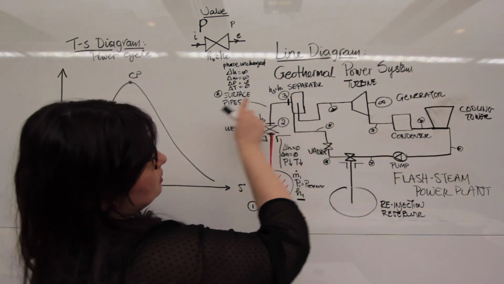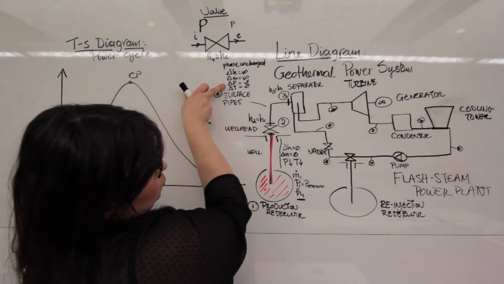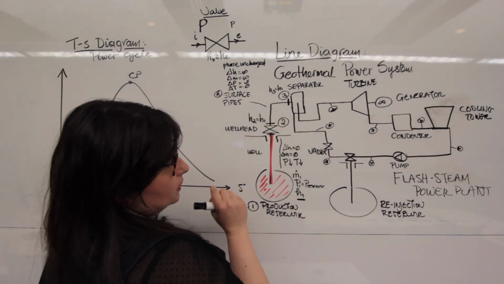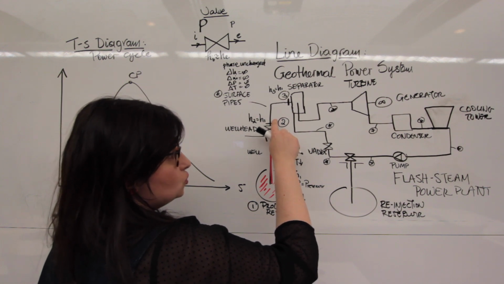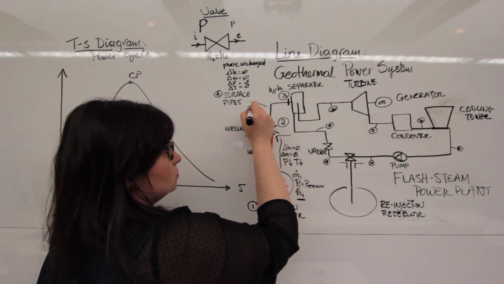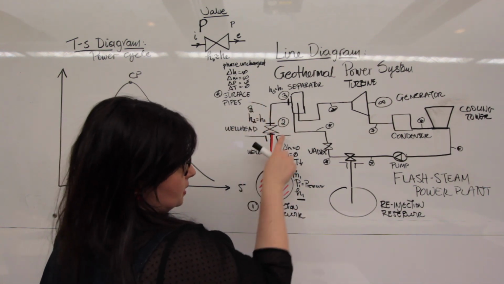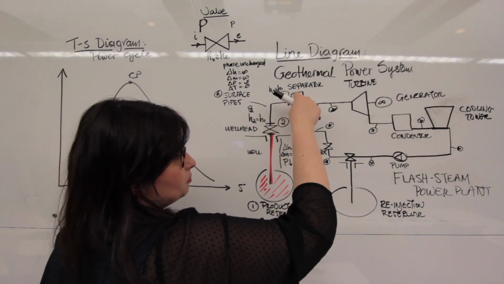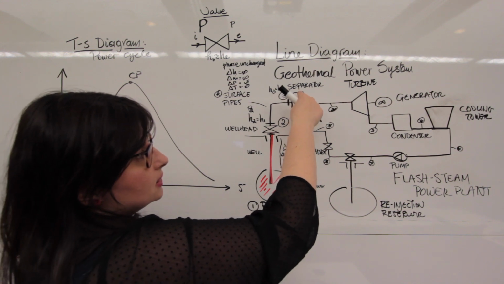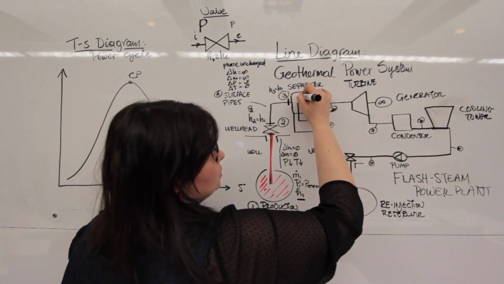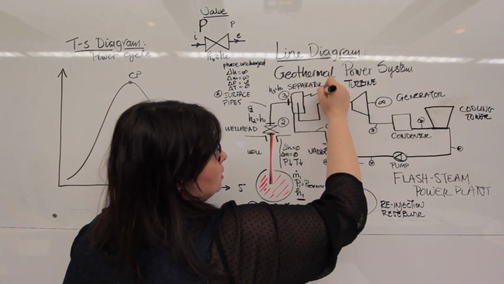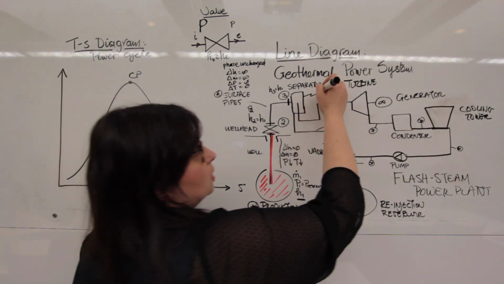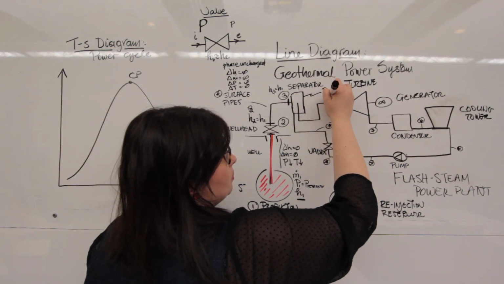If I assume that I have no drop in pressure on this side of the loop, then the pressure at 2, P2, which will be different than whatever pressure I have up here, will actually be defined by the pressure at 3, and that is equal to the operating pressure of the separator, P sep.